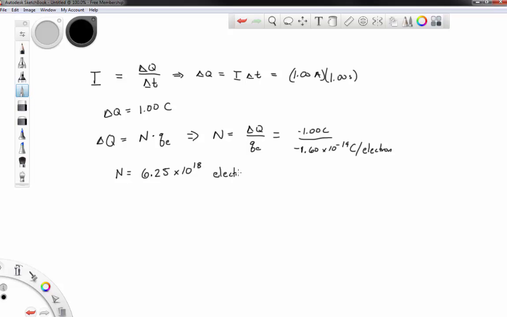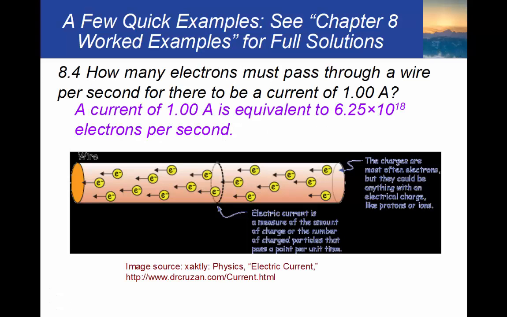So that's how many electrons we need in order to make 1 coulomb, and that's also how many electrons we need to pass through the wire per second if we want to have a current of 1 amp. So you need quite a few electrons to pass through a wire to get 1 amp.